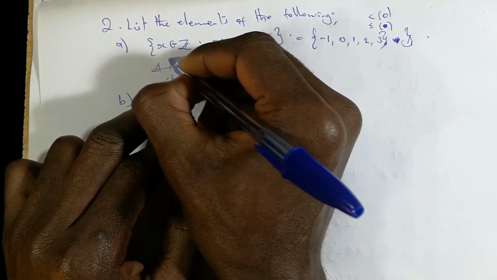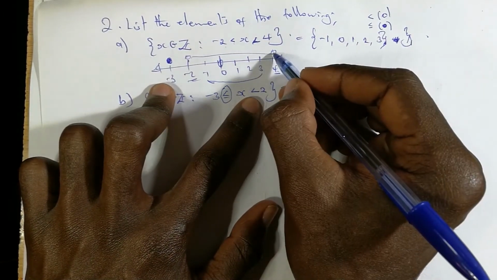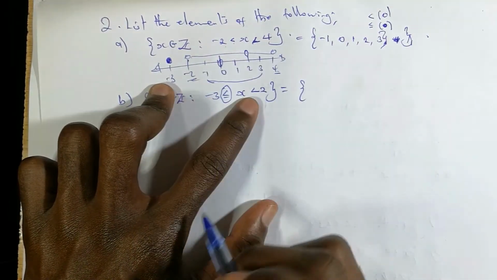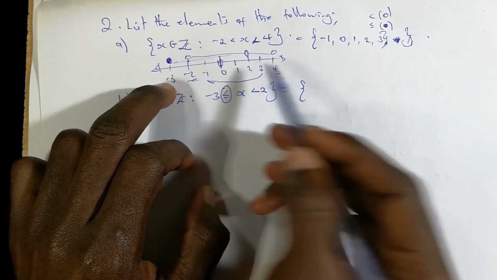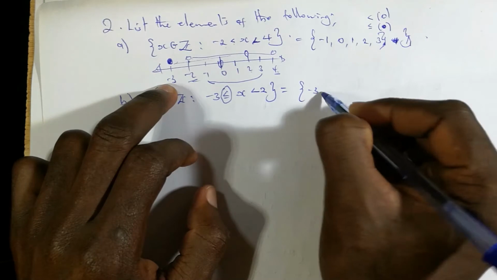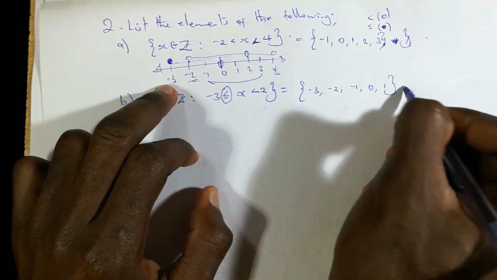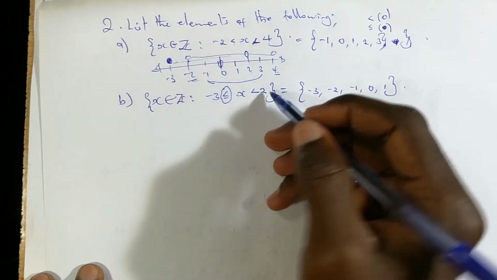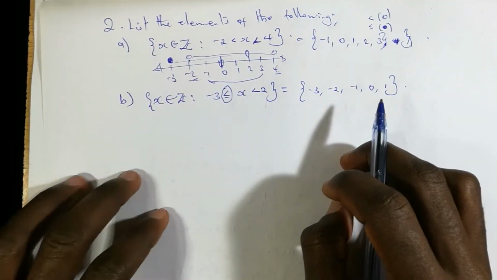We would have a closed circle on -3, and here, since there is no equal sign, we would have an open circle on 2. Then we join those two, so we include this but exclude 2. So we have -3, -2, -1, 0, and 1. We stop there. We're not including 2 since it doesn't have a closed circle.